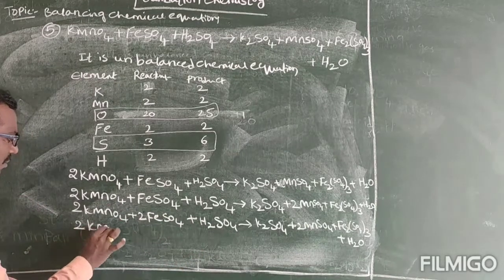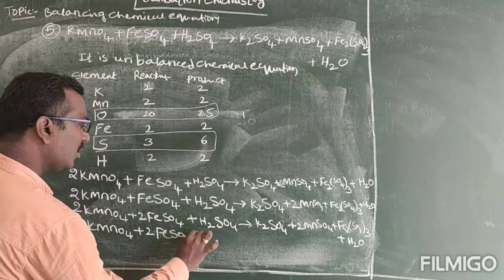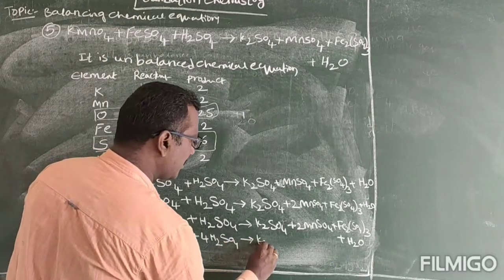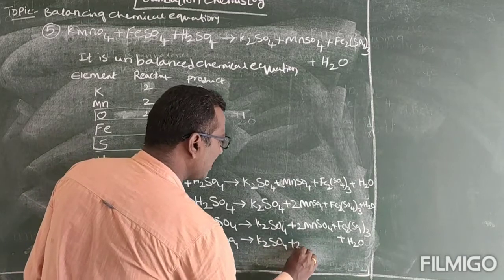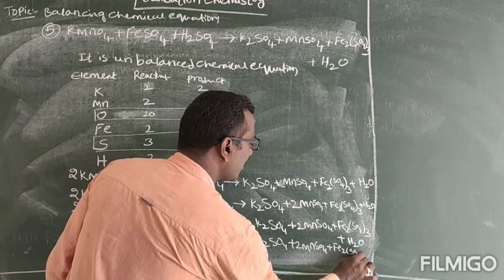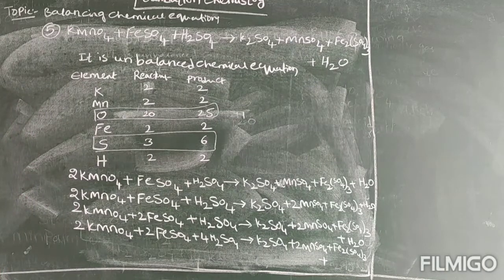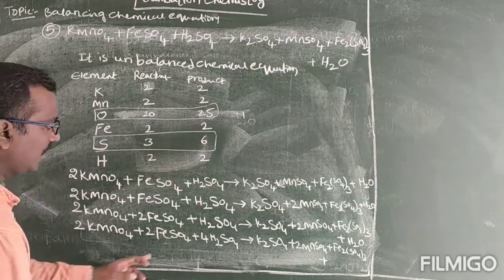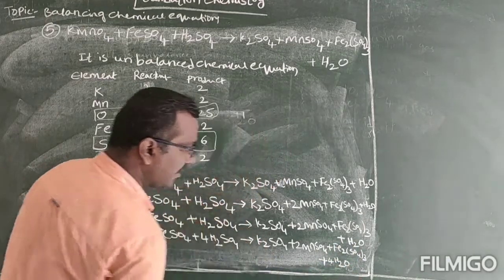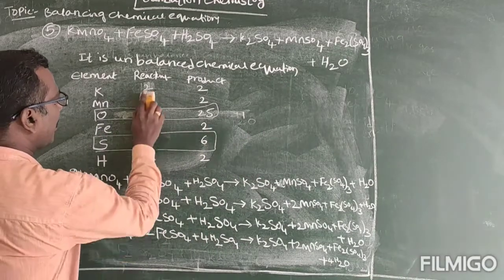So 2KMnO4 plus 2FeSO4 plus 4H2SO4 gives rise to K2SO4 plus 2MnSO4 plus Fe2(SO4)3, plus here you see 4 2s are 8, means 4H2O I am writing, and once we will check whether it is balanced or not.